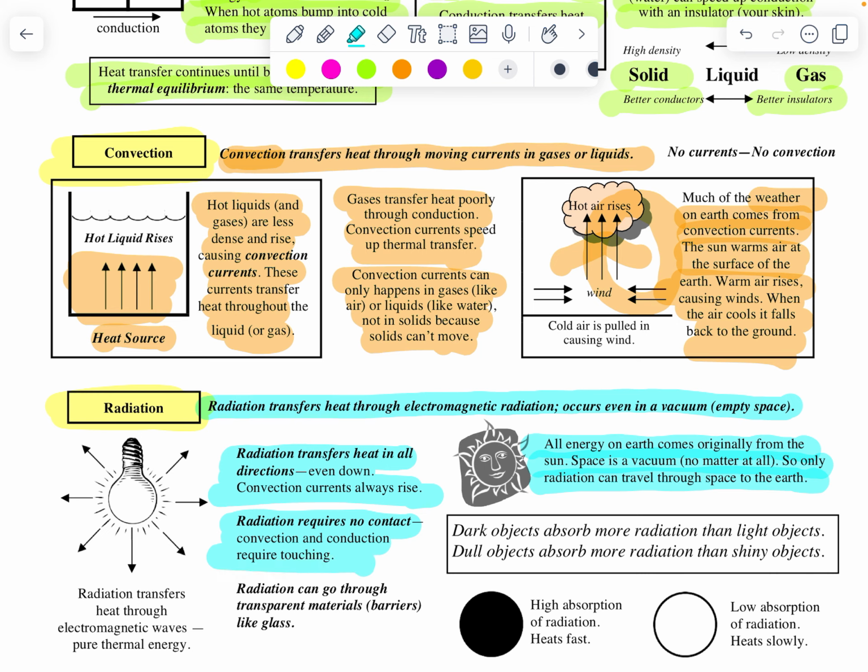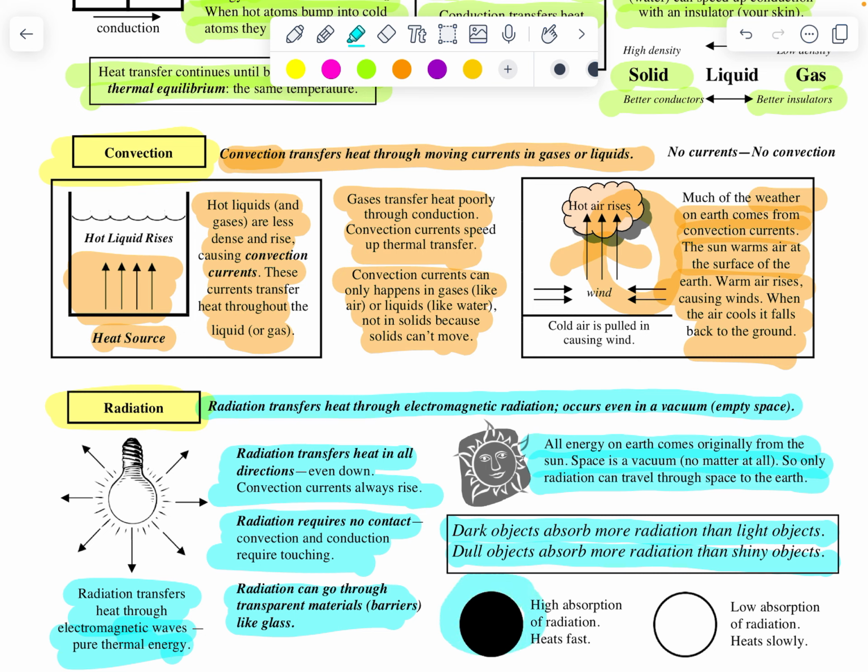Radiation is the only one that doesn't require any contact of particles. Radiation can go through transparent materials like glass. Radiation transfers heat through something called electromagnetic radiation. Here's one other thing that you know. Dark objects absorb more radiation than light objects, and dull objects absorb more radiation than shiny.